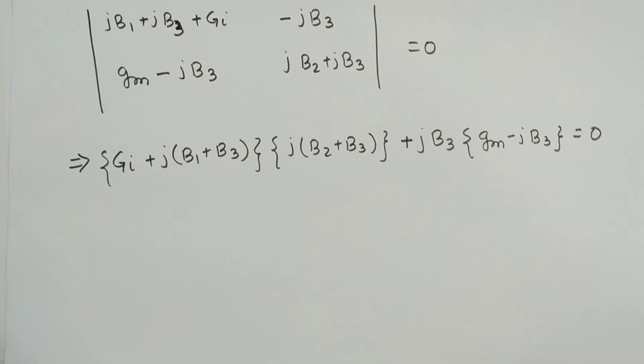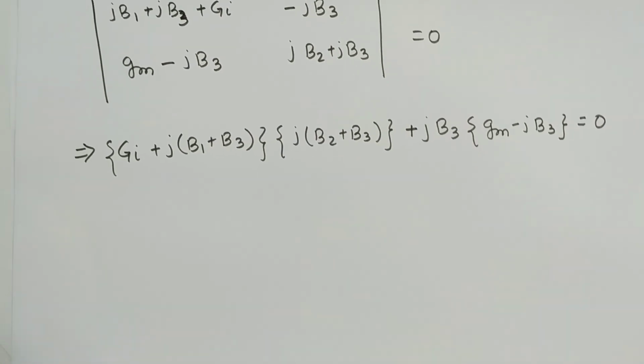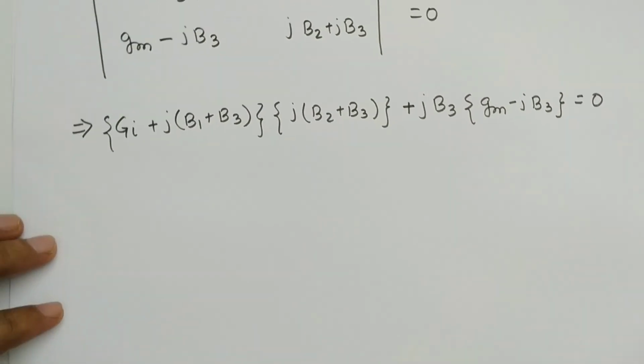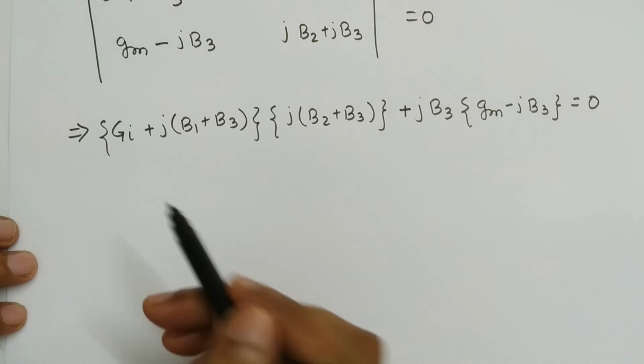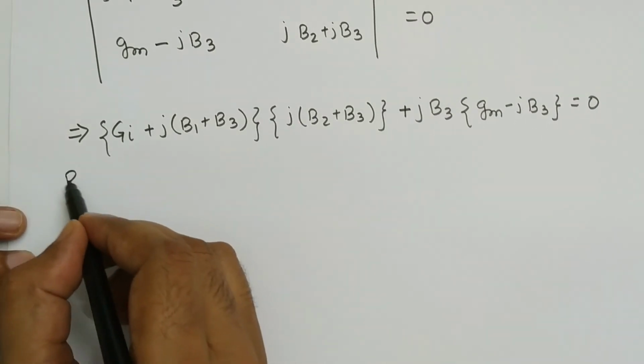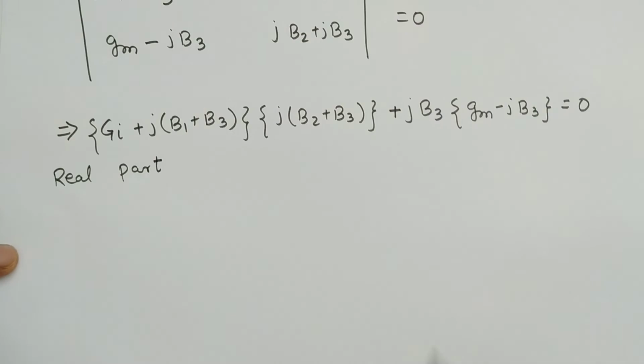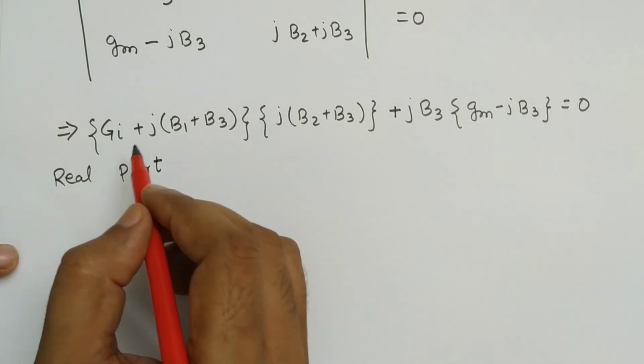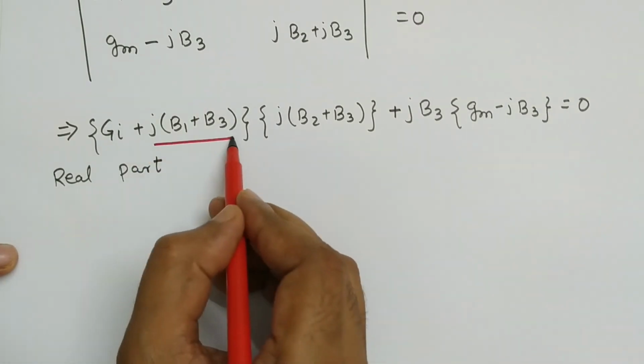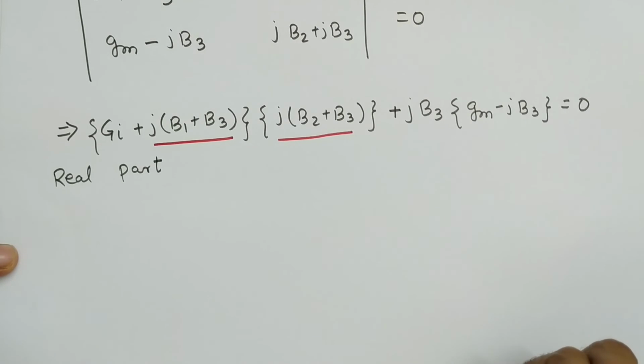Here let us take the real part separate and the imaginary part separate and then make each 0. So for the real part, the multiplication of this and this will give the real part.